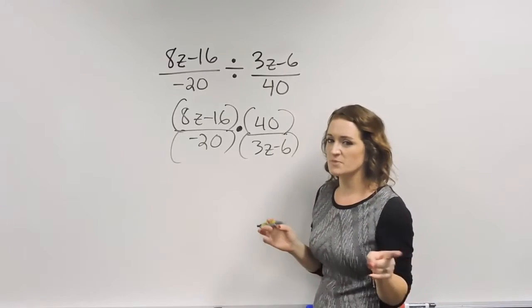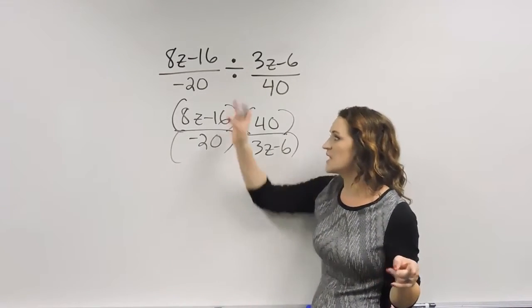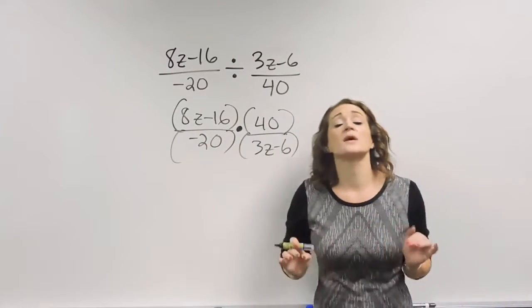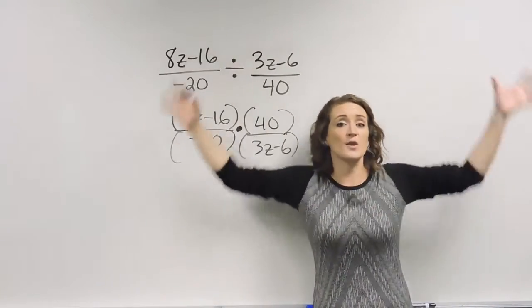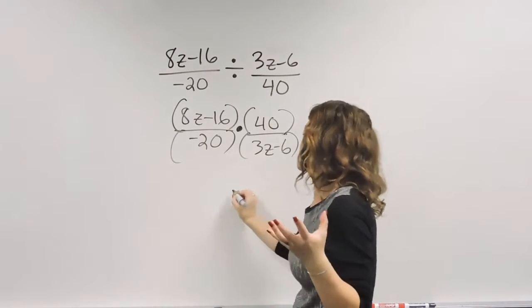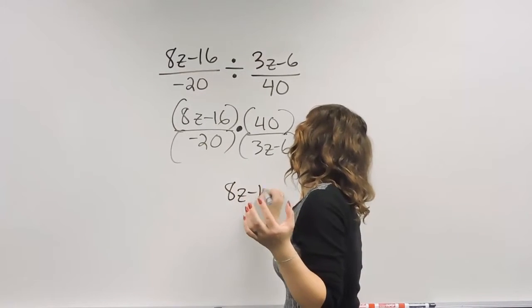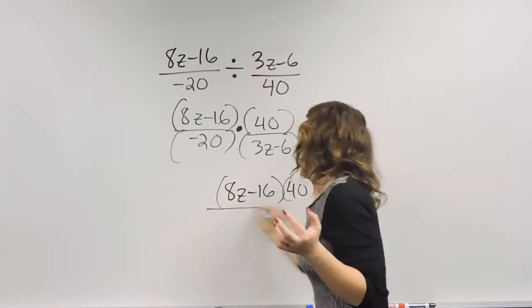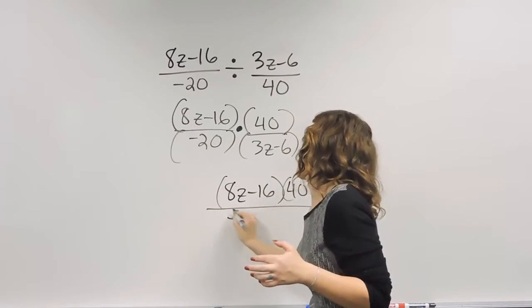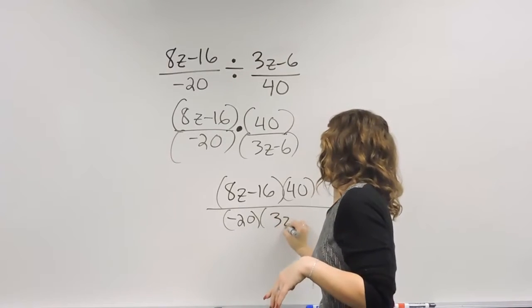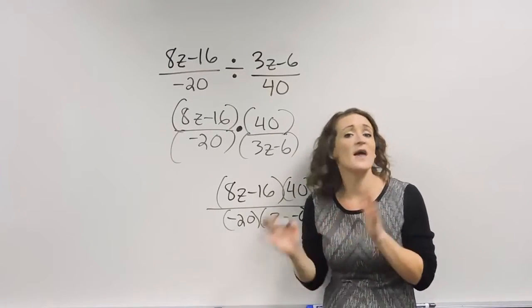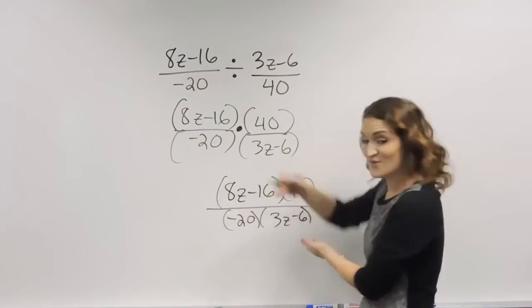Remember, when it comes to multiplying rational expressions, it's top times top, bottom times bottom. All we're going to do is group them together all in one big problem. So we're just going to take 8z minus 16 times 40 over negative 20 times 3z minus 6. This is the multiplication step. We're not actually going to multiply together. We're going to do this.